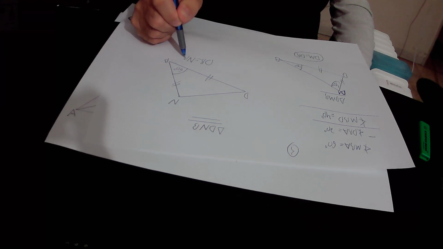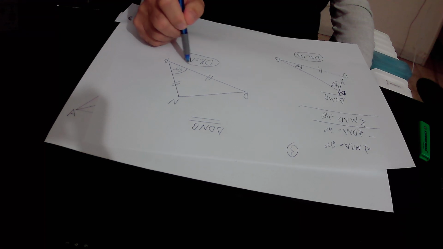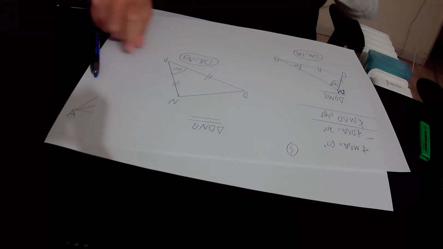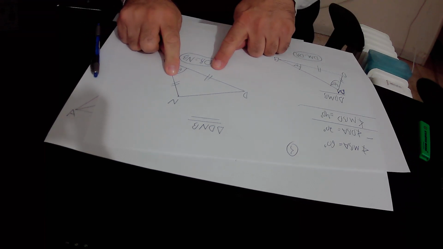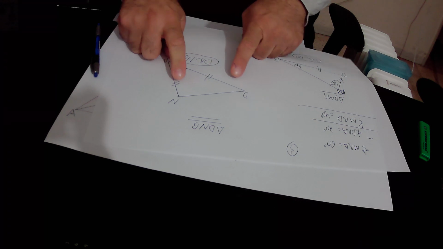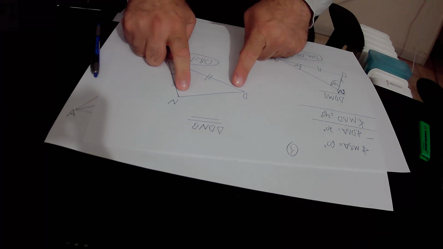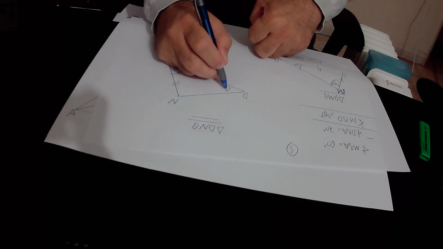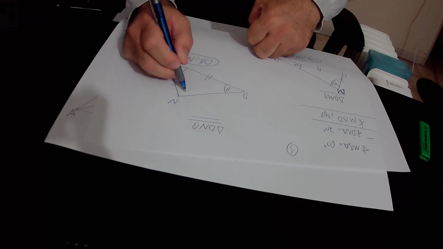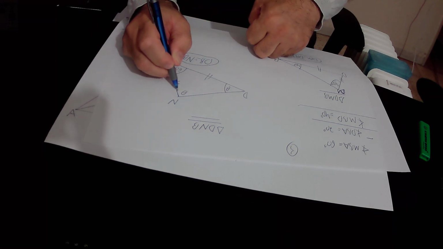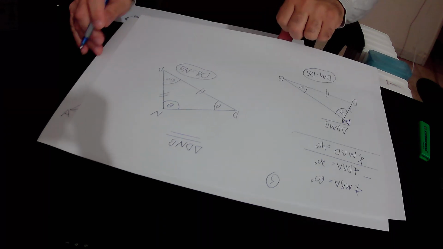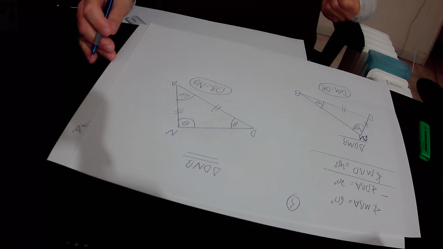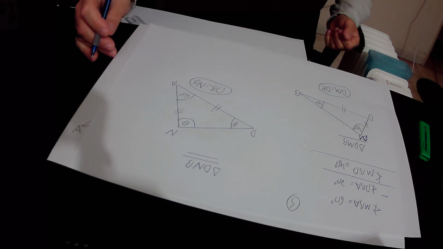In triangle DNB, again we have the rule that in front of those two equal sides we have two equal angles. So if this angle is theta, then the other angle must also equal theta. The sum of the angles in triangle DNB equals 180 degrees.